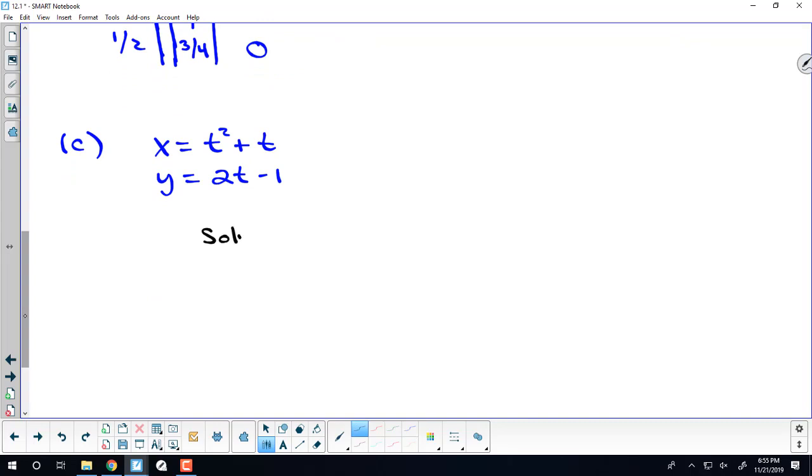So we're going to solve y equals 2t minus 1 for t. And so we have (y plus 1) over 2 is t.